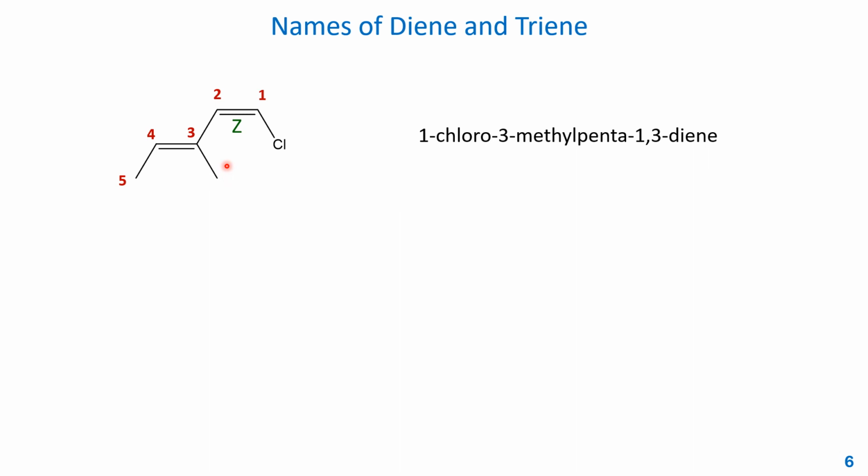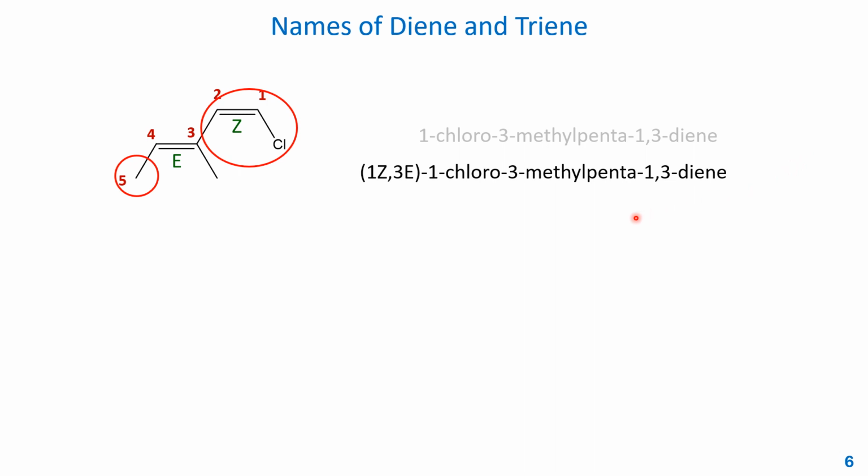We have methyl and the chloro-vinyl group, which is higher priority, and also methyl and hydrogen, where methyl is higher priority. They are on opposite sides of the double bond, so that's the E isomer. So the final name is (1Z,3E)-1-chloro-3-methyl-penta-1,3-diene. You have to include the configuration of the double bonds.